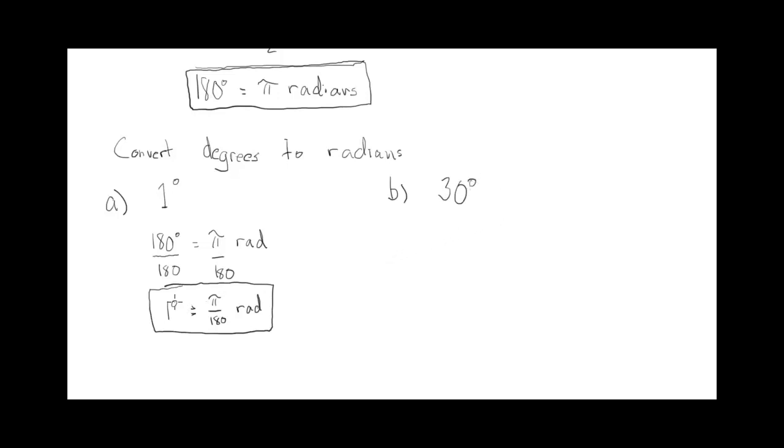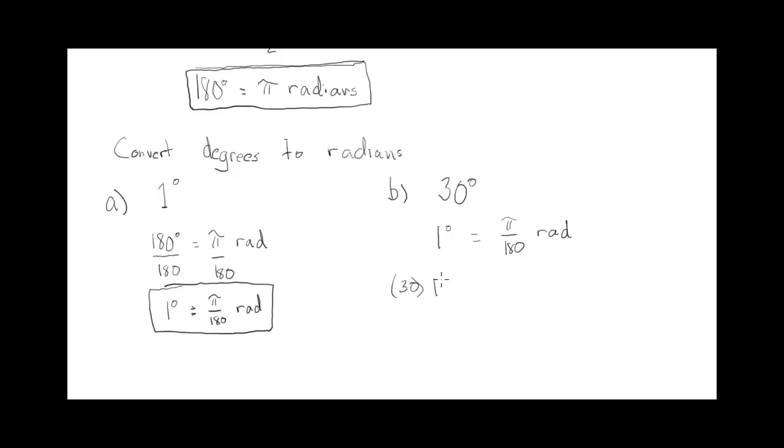So I'm going to take this equation here, 1 degree equals pi over 180. And what do I have to do to both sides of this equation to make it equal to 30 degrees? I just need to multiply both sides by 30.